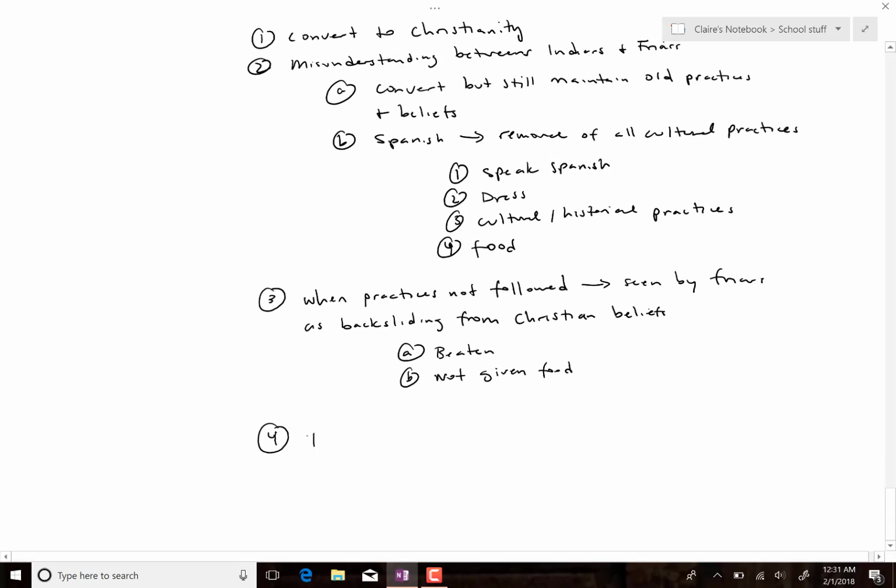It came to a head, though, because a serious drought emerged during this time in the 1670s. The prolonged drought essentially united all of the Pueblo people, because the Pueblo people were multiple cities and towns, and they weren't always united.